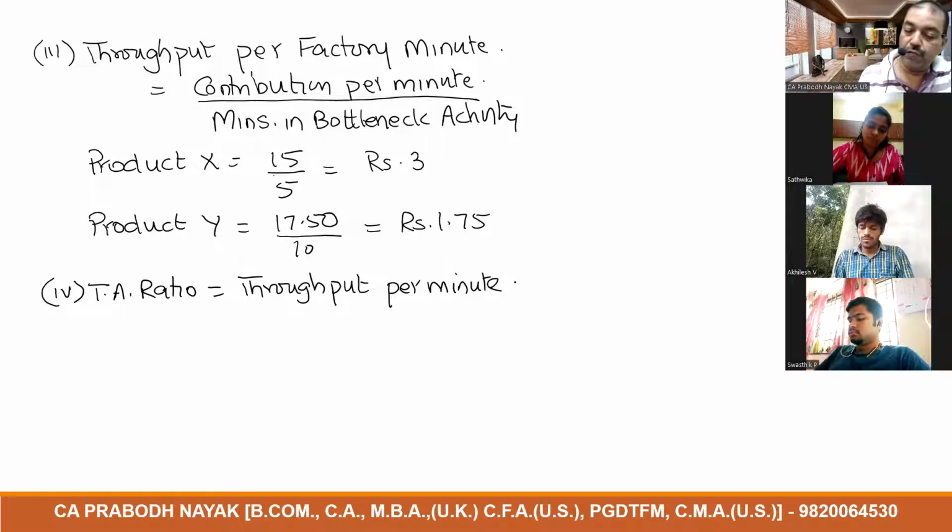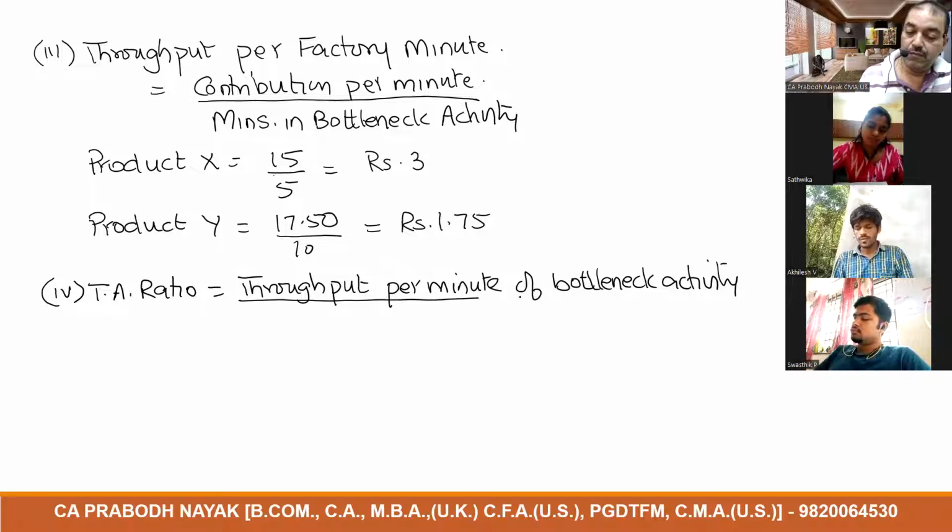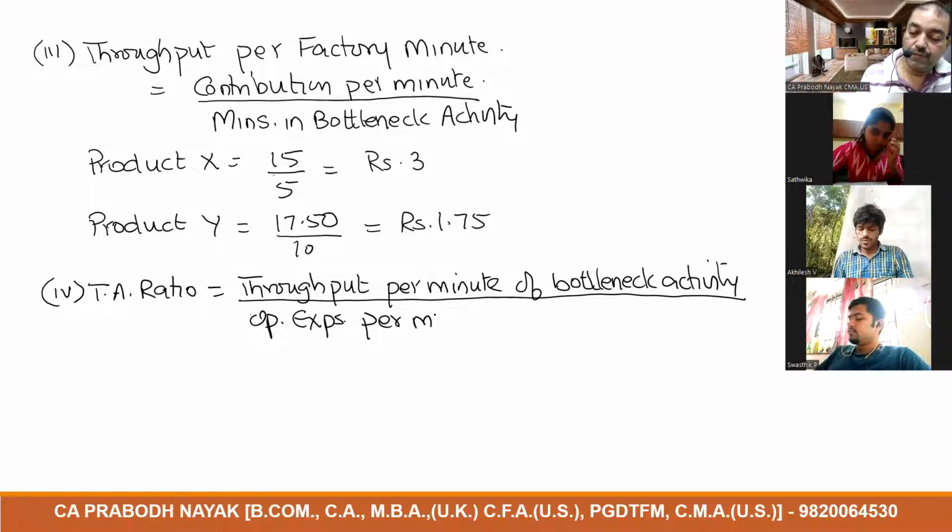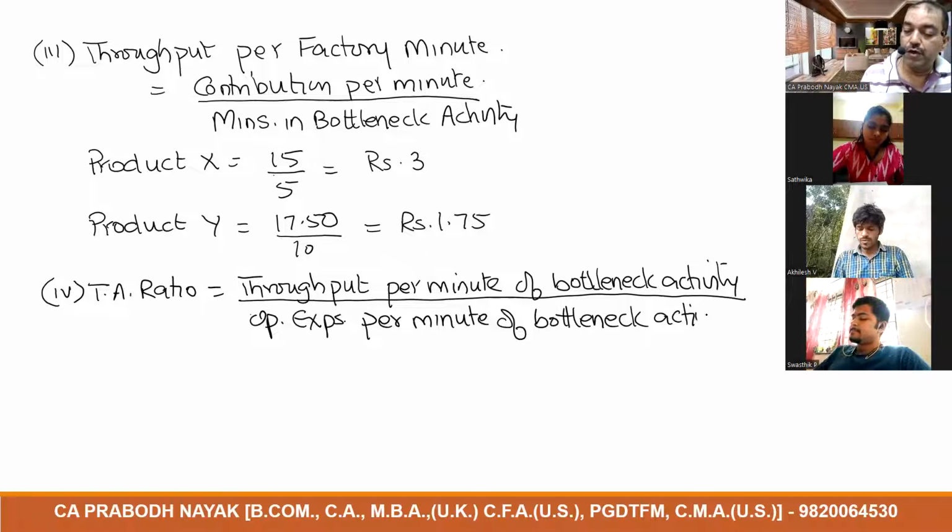So throughput per minute of bottleneck resource or bottleneck activity divided by operational expenses per minute of bottleneck activity. This is a formula for TAR, throughput accounting ratio.